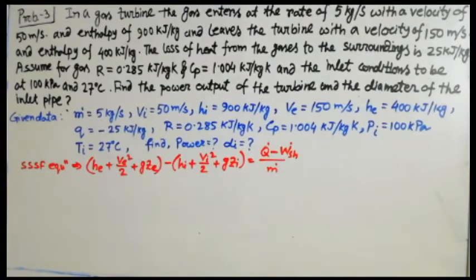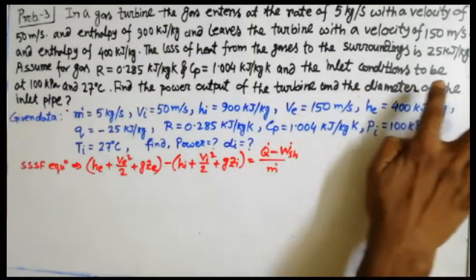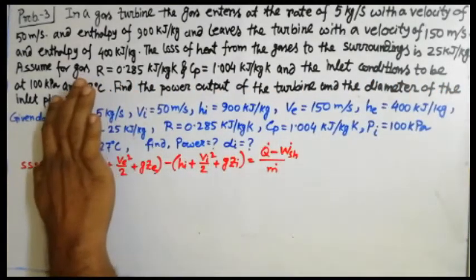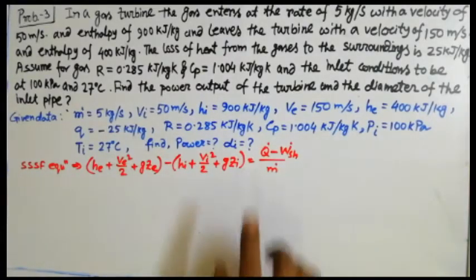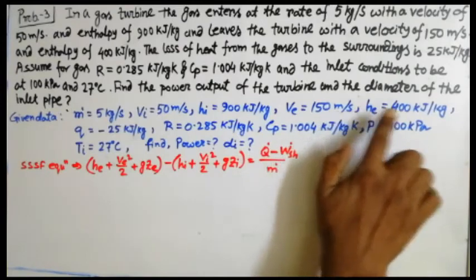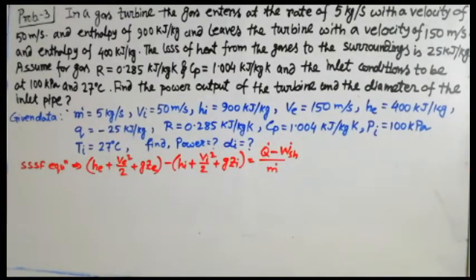The inlet conditions are 100 kPa and 27 degrees centigrade. That means the inlet pressure and inlet temperature of the gas entering the turbine are also given. Now you have to find the power output of the turbine and the diameter of the inlet pipe.